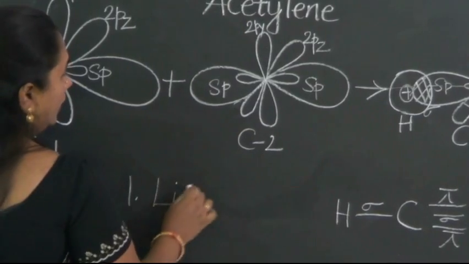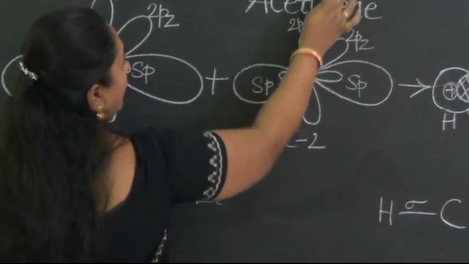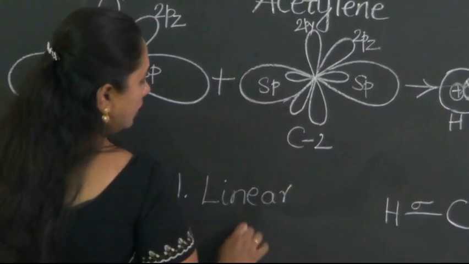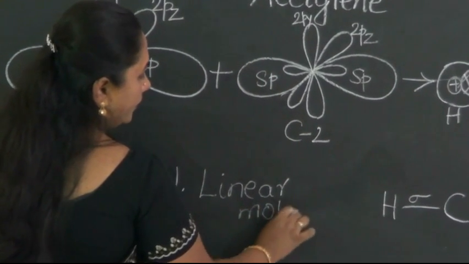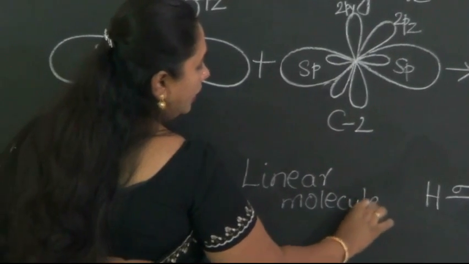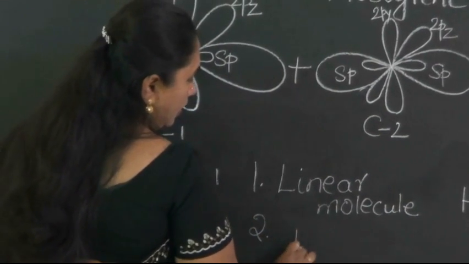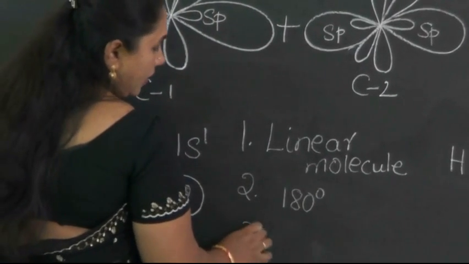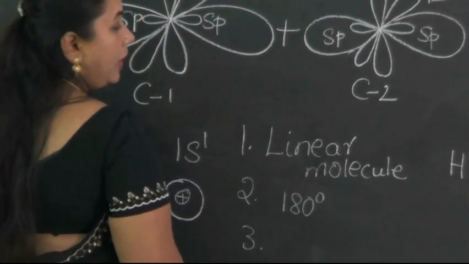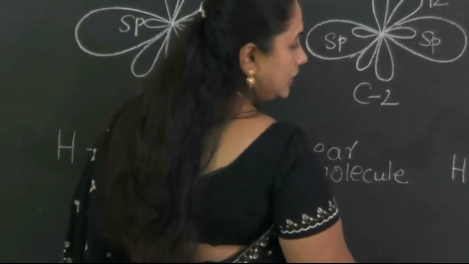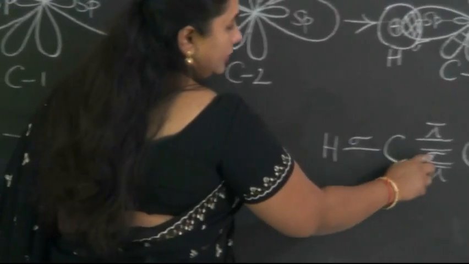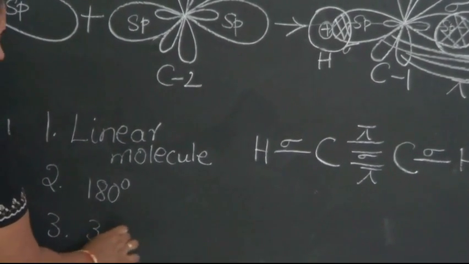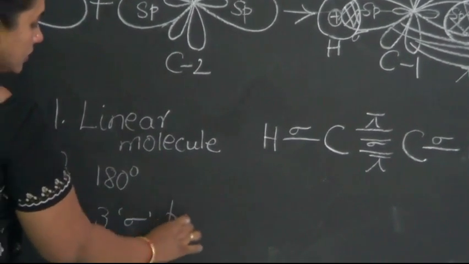This ethyne or acetylene is a linear molecule and has a bond angle of 180 degrees. How many sigma bonds and how many pi bonds do we see? Let's count the sigma bonds first. 1, 2, 3. So this molecule contains 3 sigma bonds.